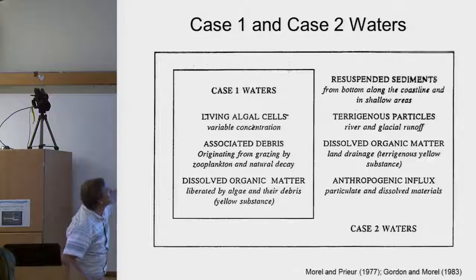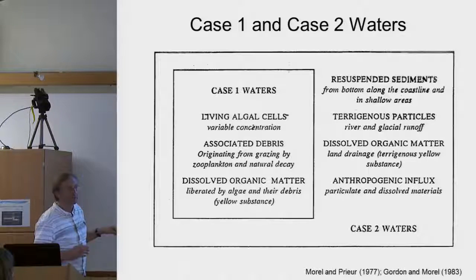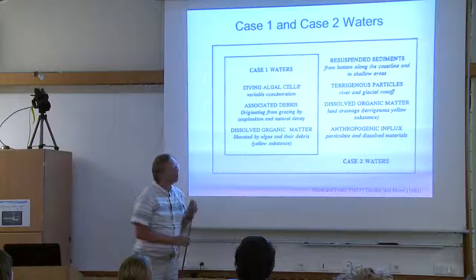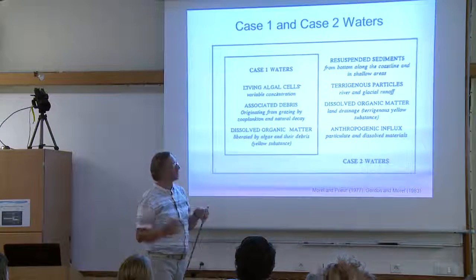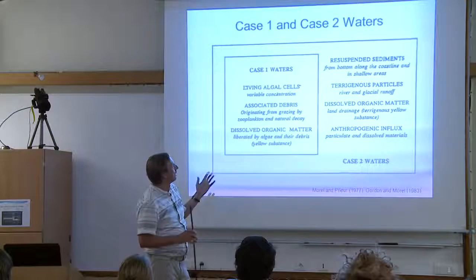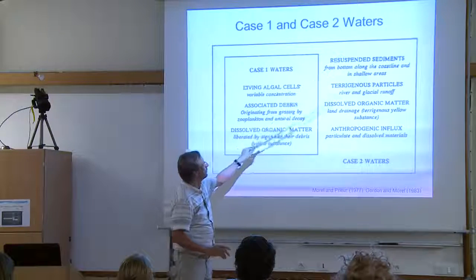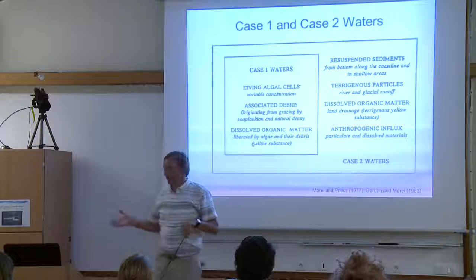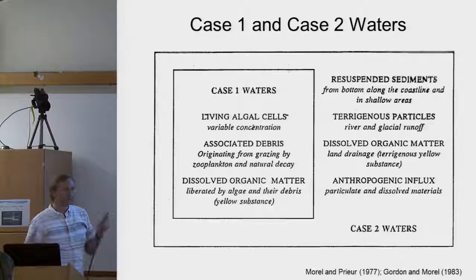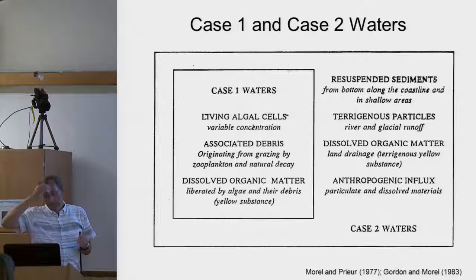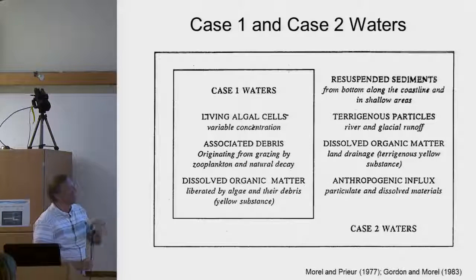Case 1 waters are where optical properties are driven largely by, or correlate well with, chlorophyll concentration, and if that correlation is violated or is not as good, then this is everything else. So you may have waters affected by constituents that are not co-varying with chlorophyll, in environments like near river discharge or melting ice.